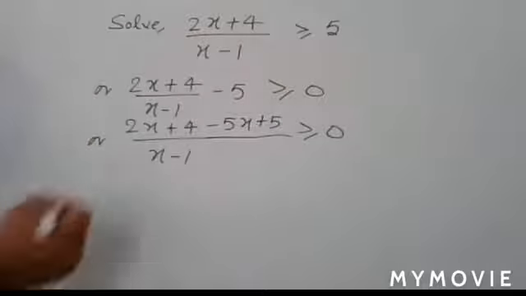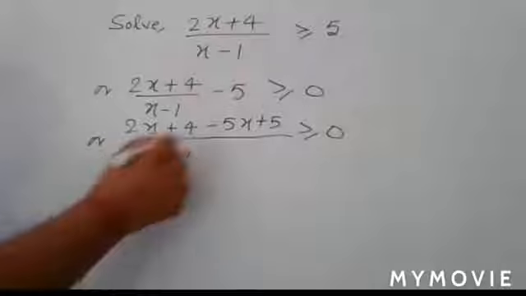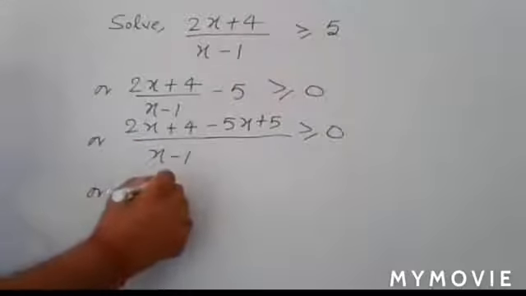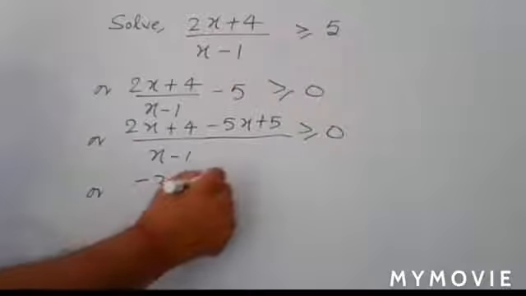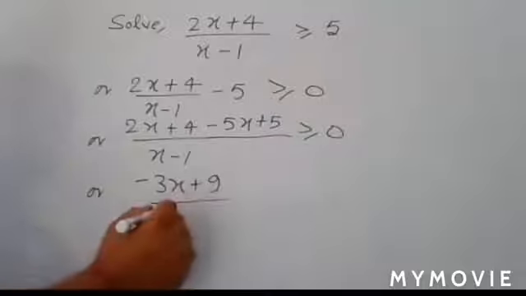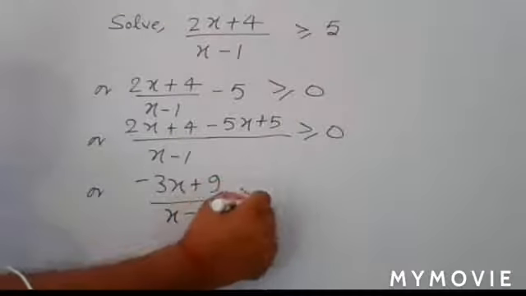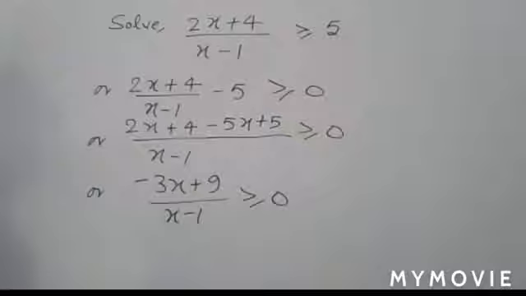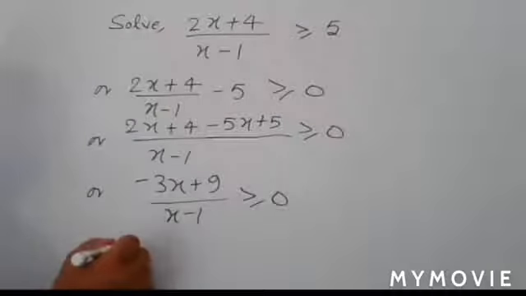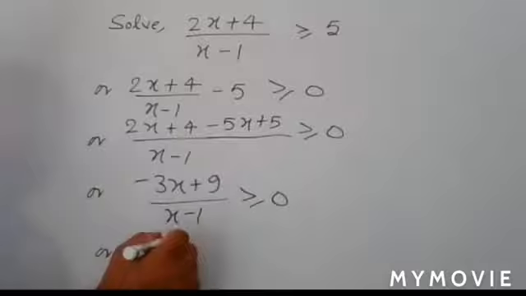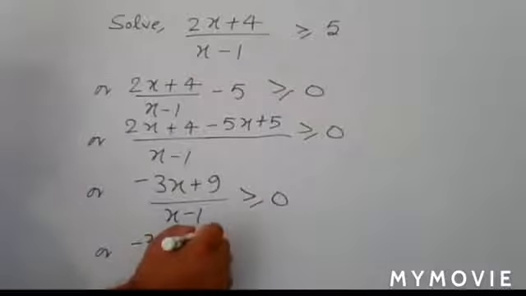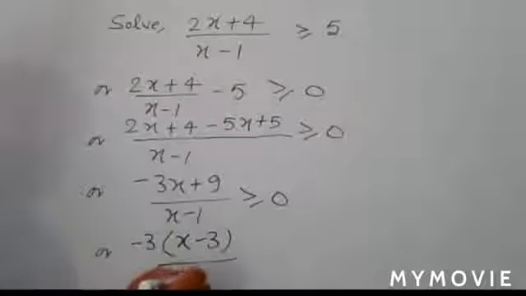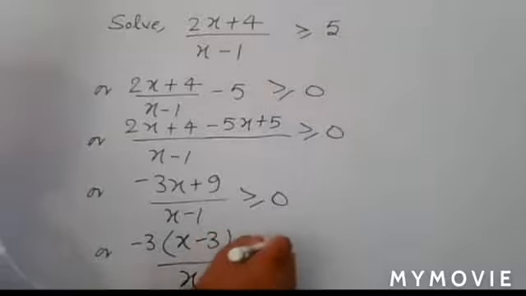Simplifying it, you have (-3x + 9)/(x - 1) greater than or equal to 0. Now you can take minus 3 common, so you have -3(x - 3)/(x - 1) greater than or equal to 0.